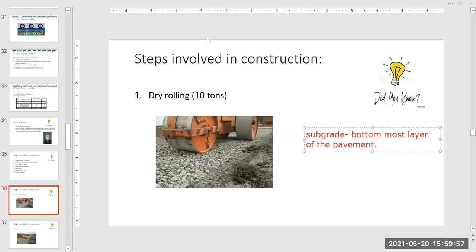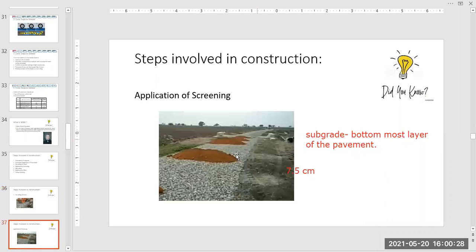So first of all, we need to prepare this subgrade, and thereby we arrange the aggregates about 7.5 centimeters thick. So 7.5 centimeters thick aggregates we are going to spread on the road, followed by dry rolling. This is called dry rolling. And the second step, we apply the screenings, also called filters.